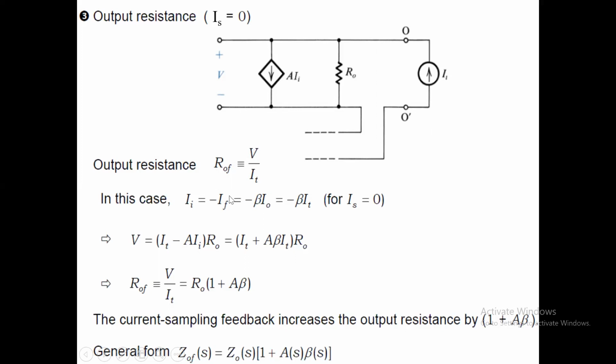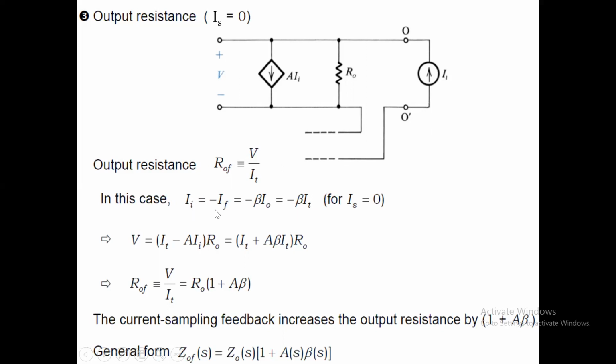In this case, II is equal to IS minus IF. IS is considered 0, so it is just minus IF. IF can be replaced by beta I naught, and I naught presently is the test current itself, which is IT. Therefore it will be minus beta IT, because we are considering IS equal to 0.